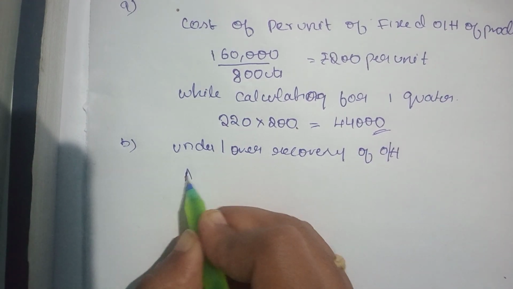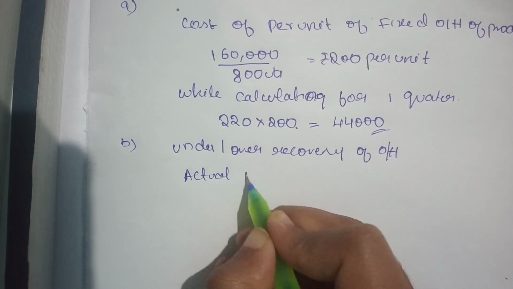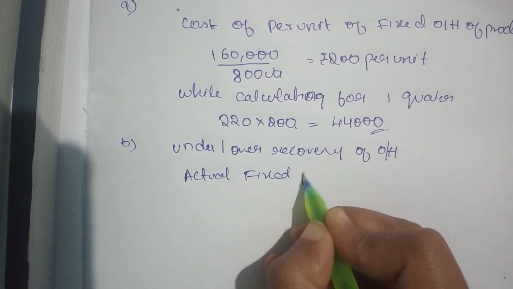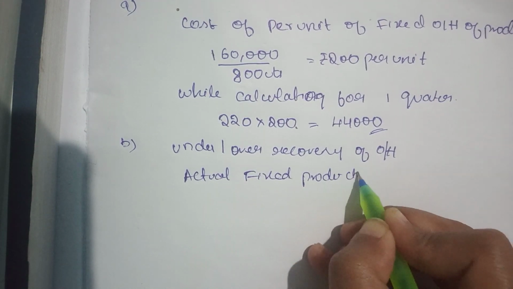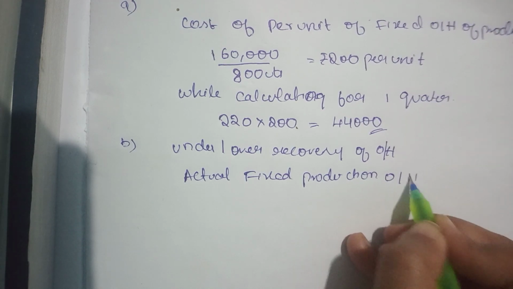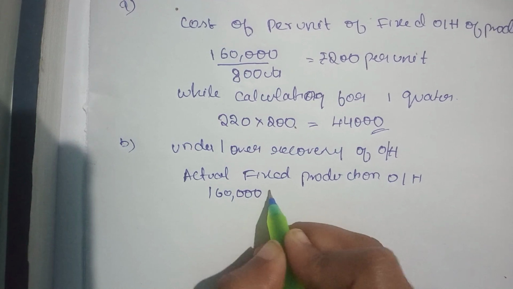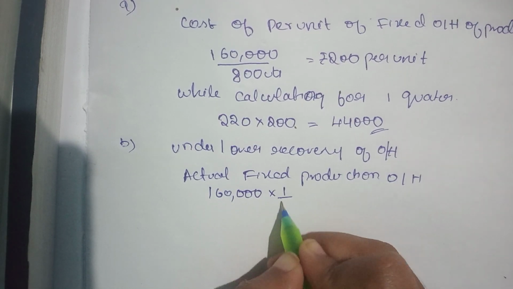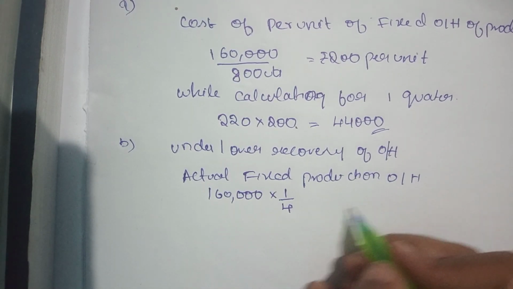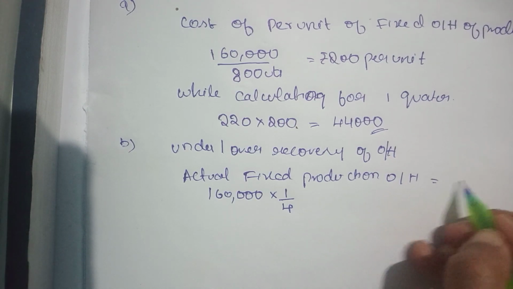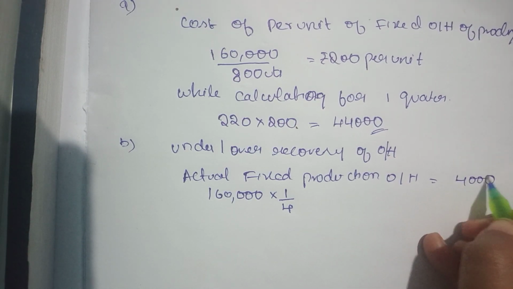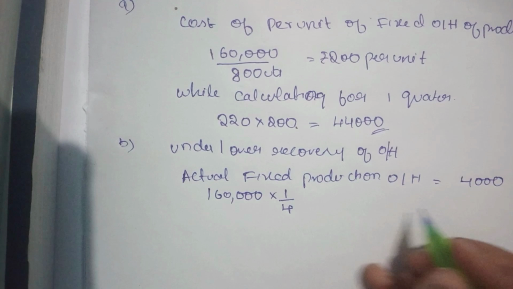Now actual fixed production overhead, they have given 1,60,000. This is for 1 year. So we'll divide it for 1 quarter. So 1 divided by 4, and that will be equal to 40,000. Now this is a substitution for the above method. So you can use this also.